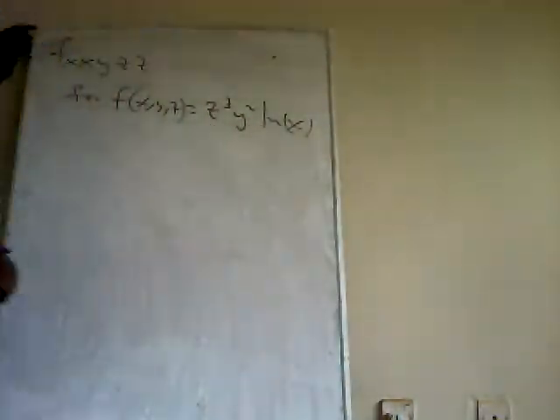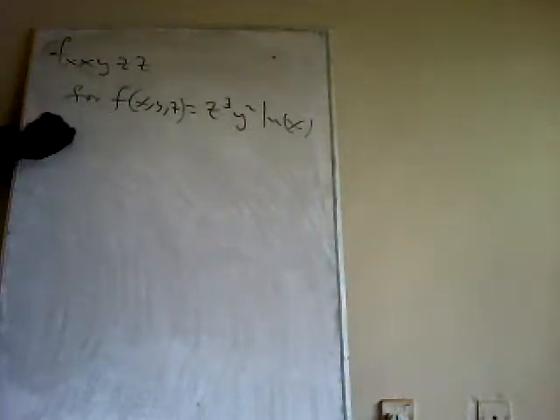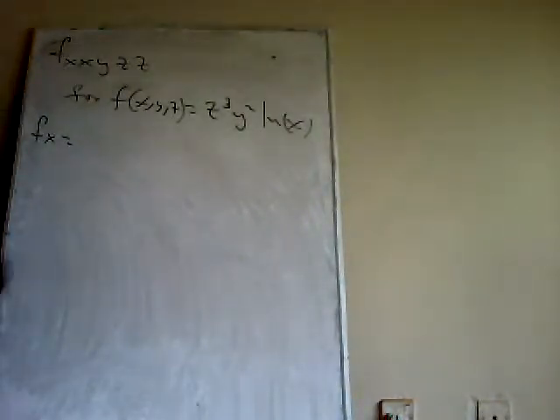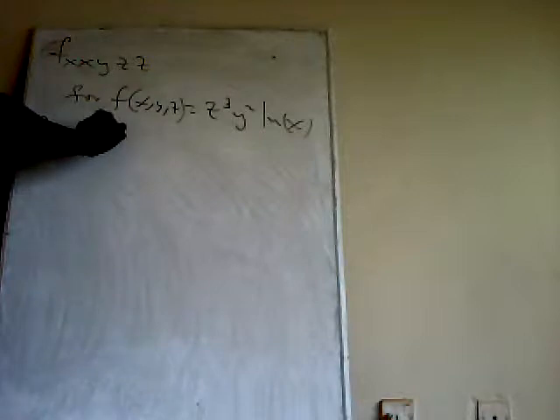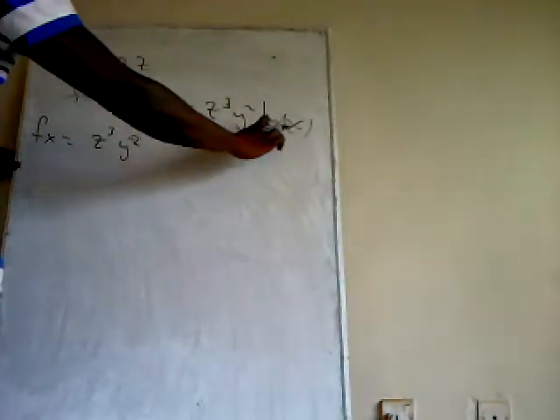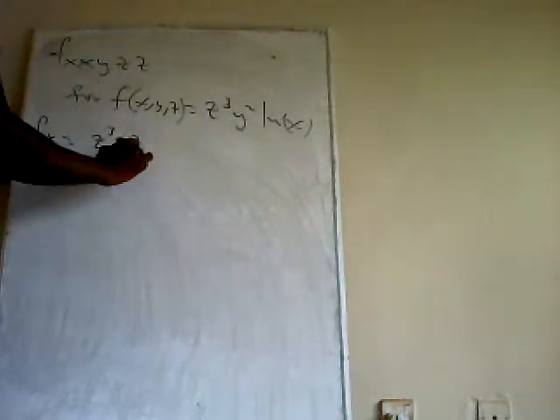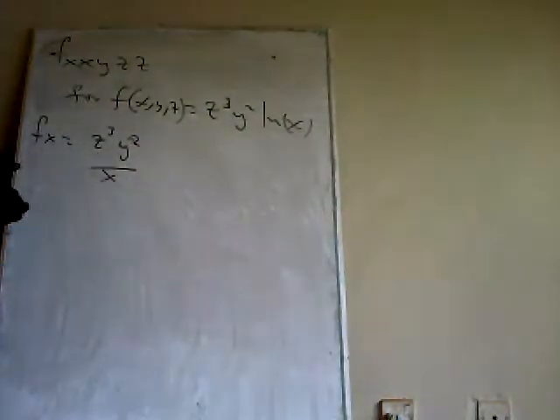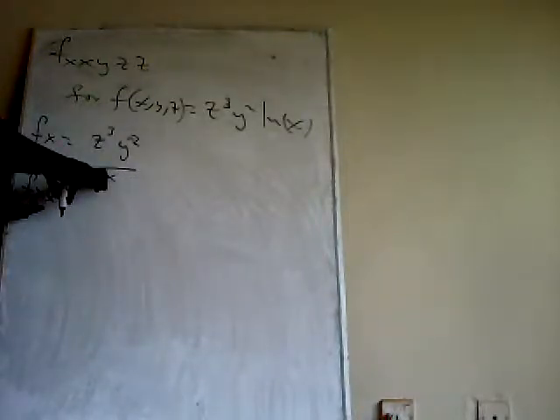Now here we find fx, and fx is going to give me z cubed y squared times 1 over x, since when I differentiate ln x I get 1 over x. And I want to find fxx. I differentiate this again with respect to x.